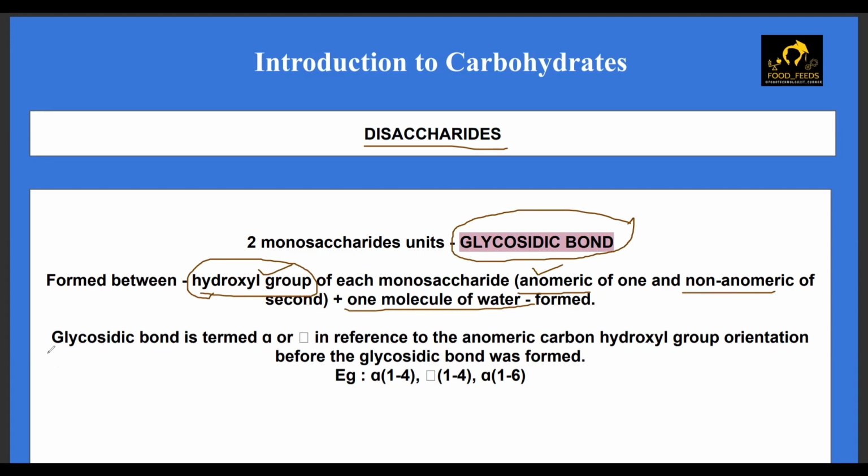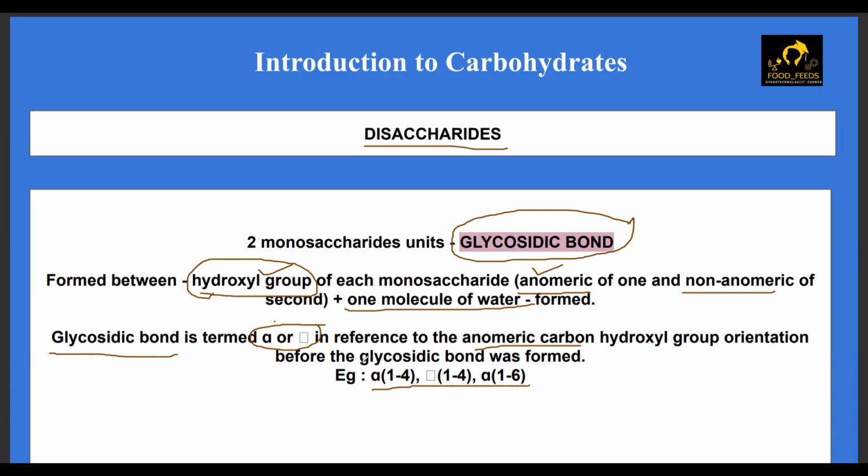Also, depending on where this glycosidic bond is formed, it is termed alpha or beta. That is also based on the anomeric carbon only. Do watch the first video to understand how we name this alpha, beta, and how the number is given, like 1,4, at what point is the linkage.